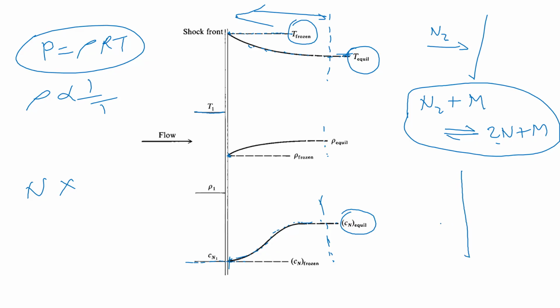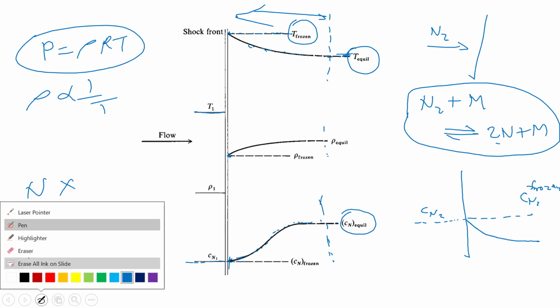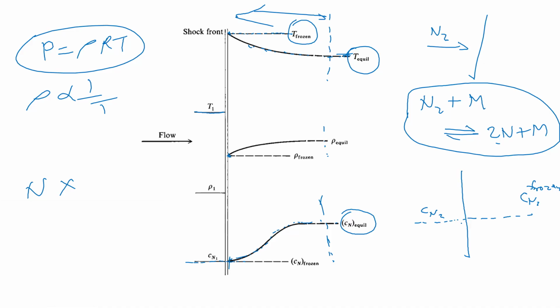If we check for molecular nitrogen, this is the CN2 frozen, then you will see that its concentration will decrease till it attains the equilibrium.